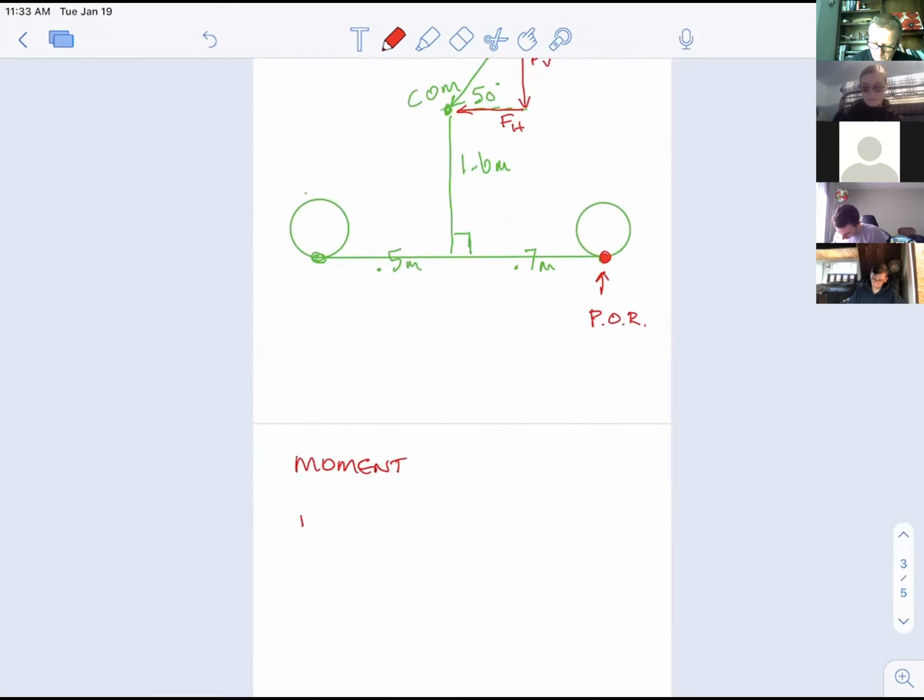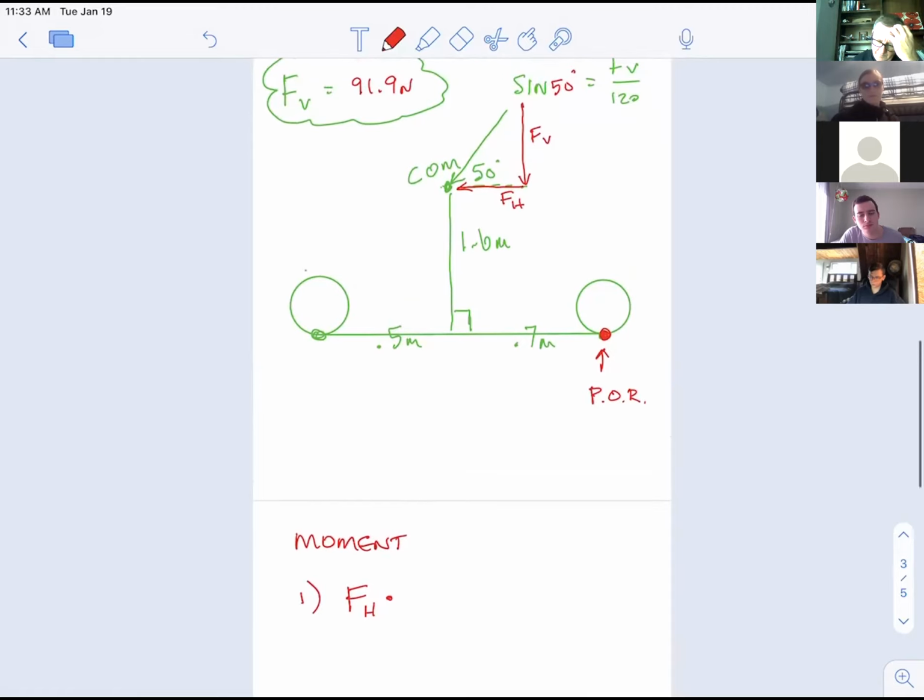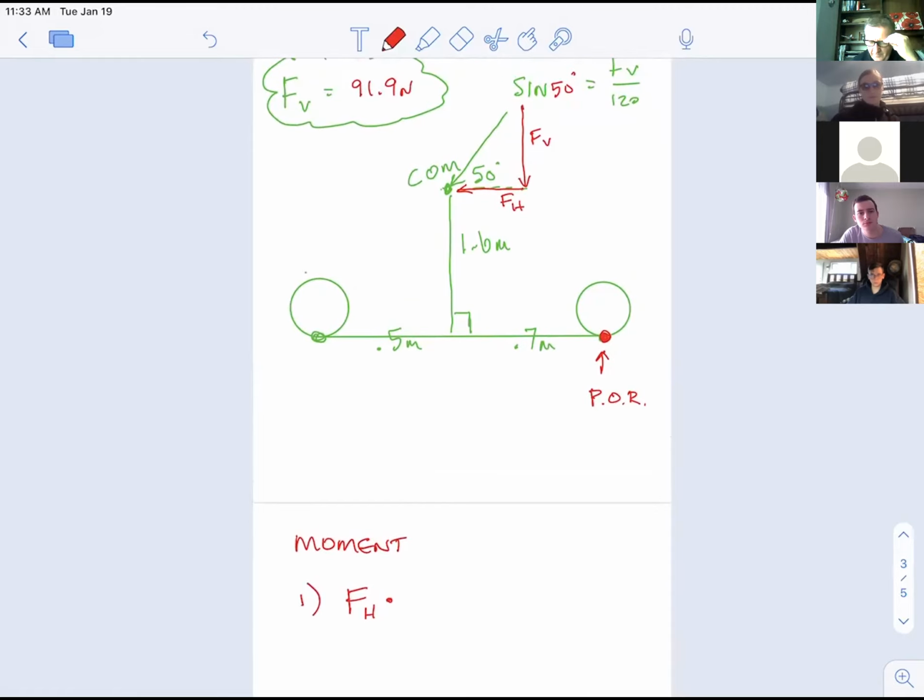Well, one, I have force H times how far, it's very important. How far is force H away from the point of rotation? What's its distance?